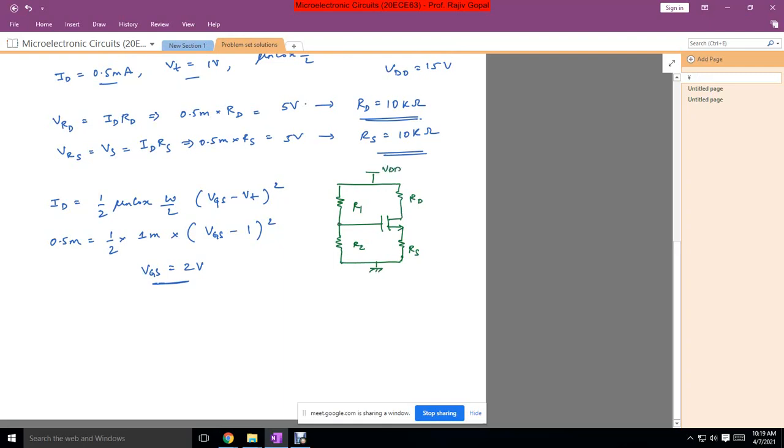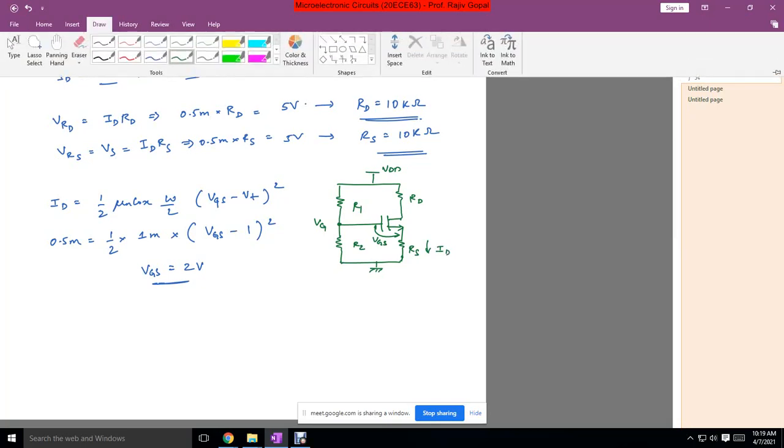So this value is actually VG, right? This voltage is VGS. Current flowing through RS is ID.